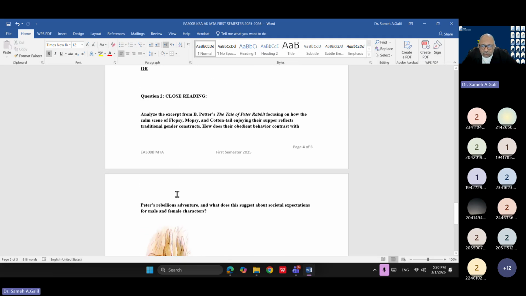So analyze the excerpt from Potter's The Tale of Peter Rabbit, focusing on how the calm scene of Floppy, Mopsy, and Cottontail enjoying their supper reflects traditional gender constructs. How does their obedient behavior contrast with Peter's rebellious adventure?